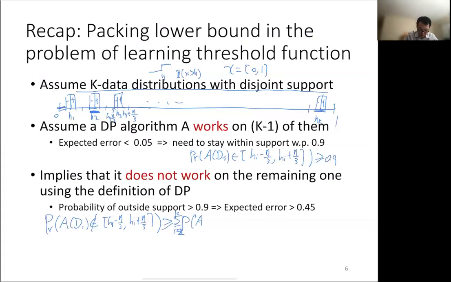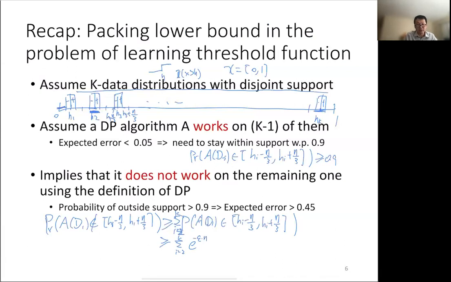Okay, so this will become D1 inside Hi minus eta over 3 and Hi plus eta over 3. And by the definition of differential privacy, and using the fact that the data set D1 differs from all the other Di, when i is not equal to 1, by n data points, we can write that this is lower bounded by e to the power of epsilon times n.